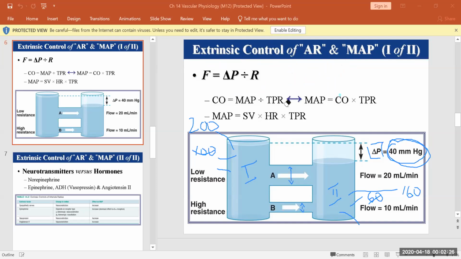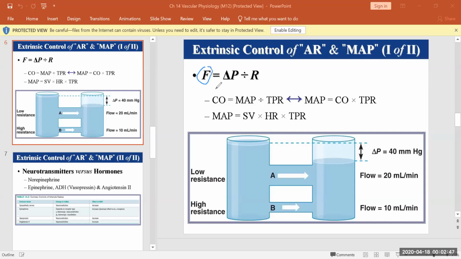Erase this. Okay. Let's play a little bit with that equation. Flow here in human physiology comes back as cardiac output.